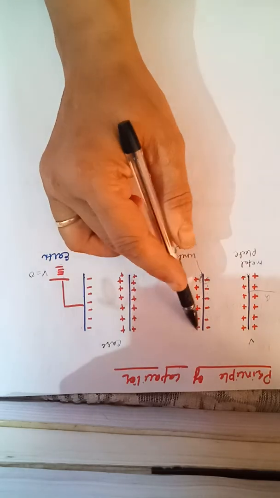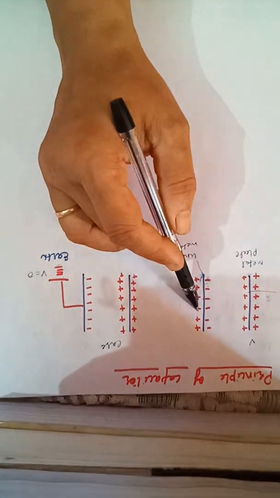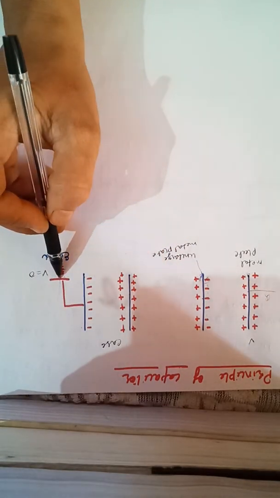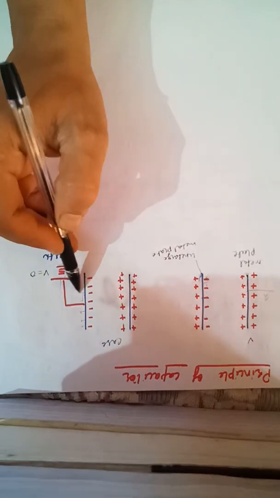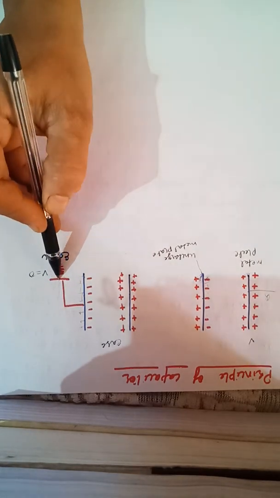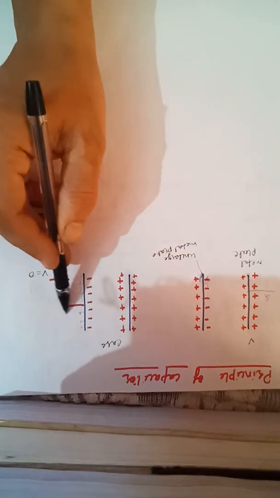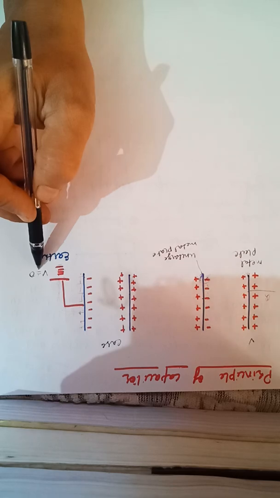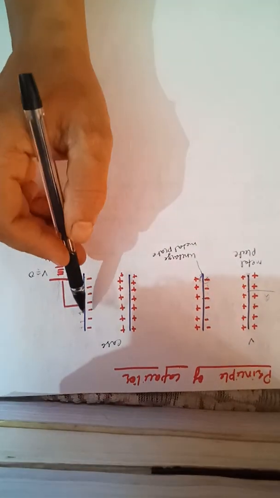This positive charge which appears due to electrostatic induction is free to move towards the lower potential region. So all the positive charges on this outer surface move towards the earth, which is at lower potential, because positive charge always flows from higher potential to lower potential.